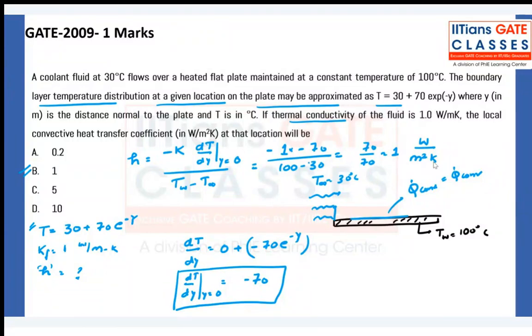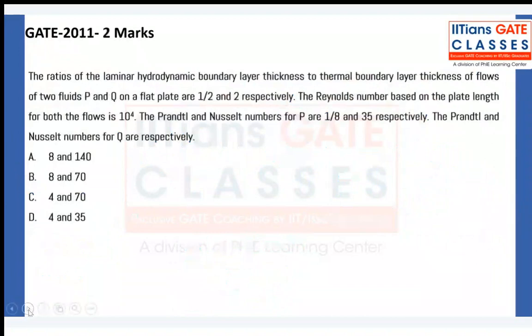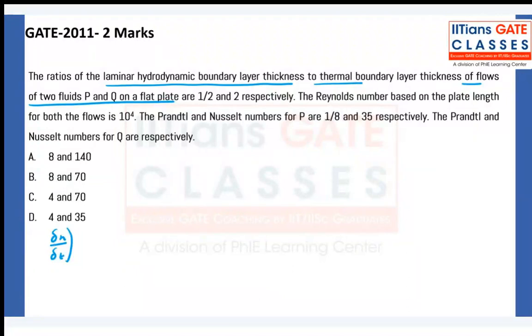Chalo. Next question. The ratio of laminar hydrodynamic boundary layer thickness to thermal boundary layer thickness of flows of two fluids P and Q are, hydrodynamic by thermal for P is equal to 1 by 2, and hydrodynamic by thermal of Q is equal to 2.